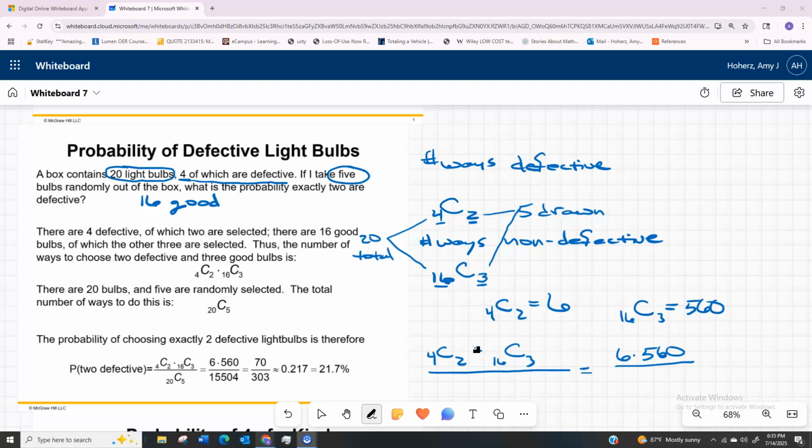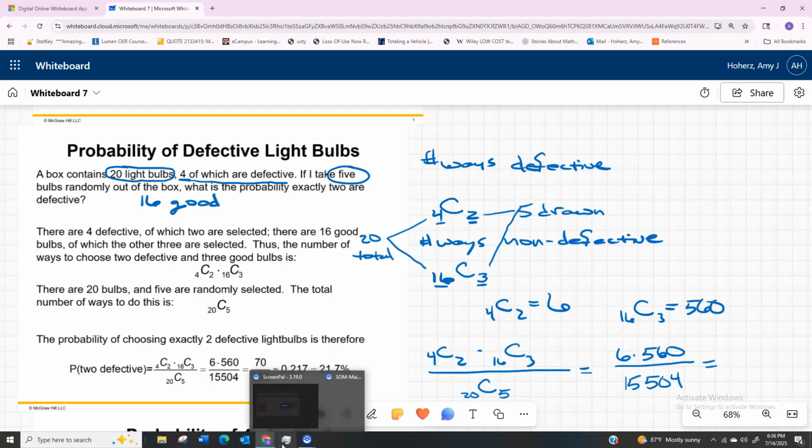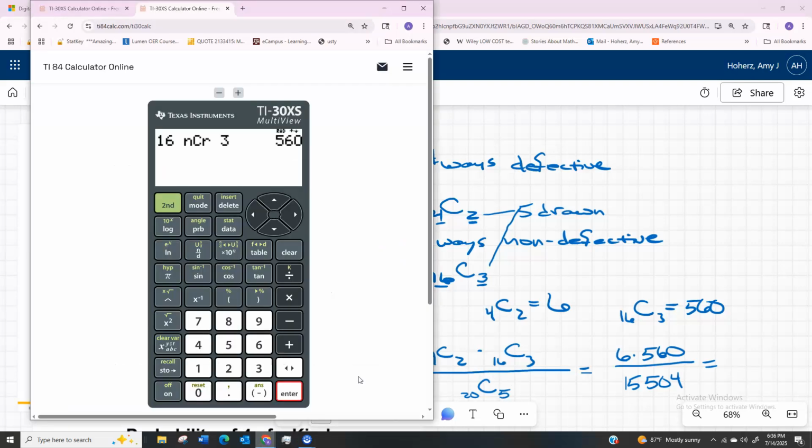Then on the bottom, we need to do the possibilities, the number of ways to just pick 5 bulbs out of the 20. So all 20 bulbs, choose 5. How many ways could you do that? Well, if we put that in the calculator, that comes out to be 15,504. And then if we type this into the calculator, let me see if it'll let me.